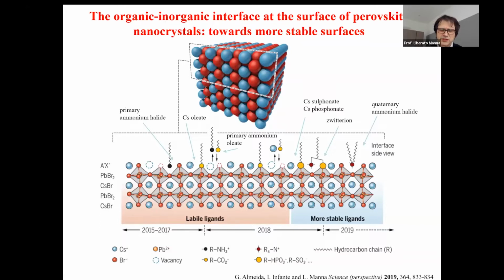So in the search for more stable ligands, people have been looking, for example, into zwitterions and phosphonic acids, and we did a study with quaternary ammonium halides. These ligands you cannot detach because the positive charge remains constant, and so they remain tightly anchored to the surface of the nanocrystal.